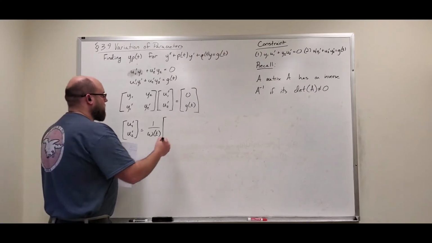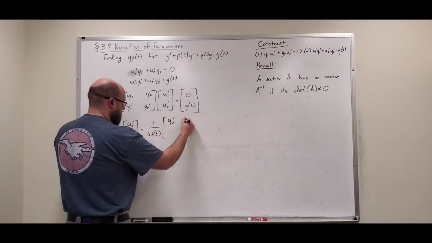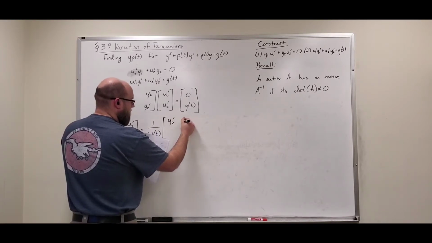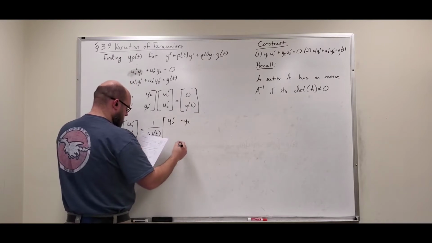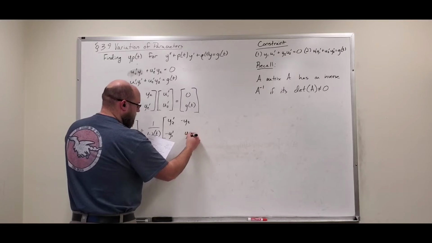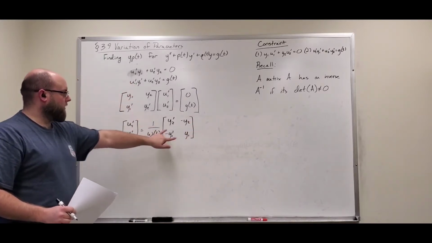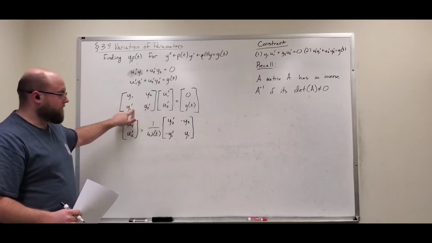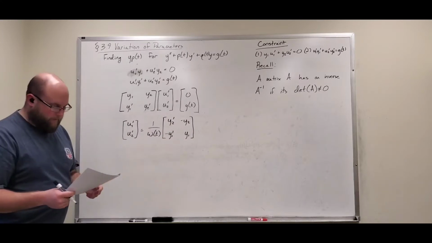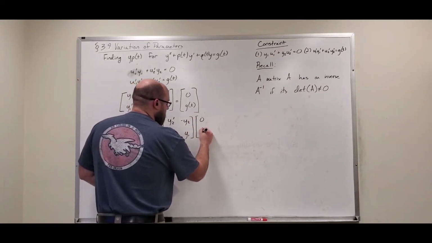Here you're going to write this as y2, negative y2, negative y1 prime, and y1. Okay, so you've changed these corners here, and then you make these negative. Okay, so you're just changing the roles and then making these guys negative. That's where that's coming from. And then we're going to multiply this by 0 and g of t.